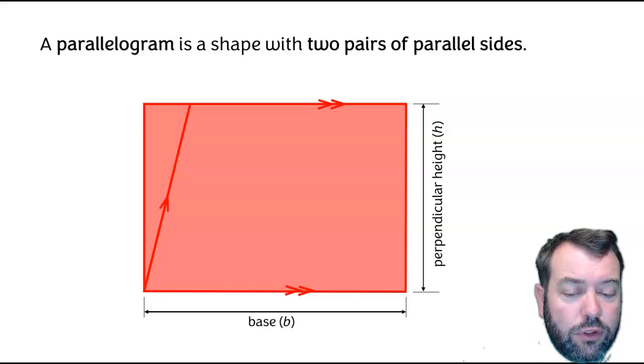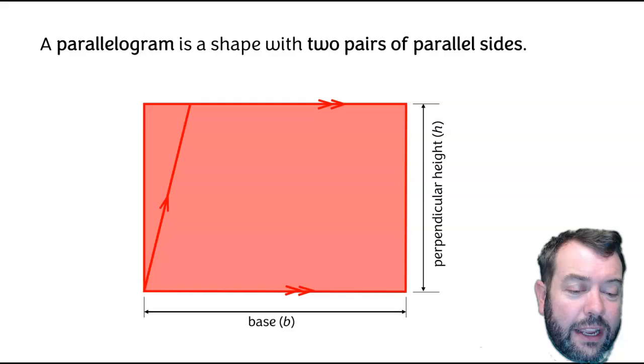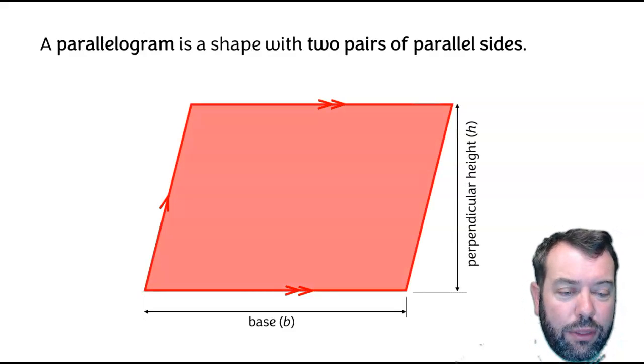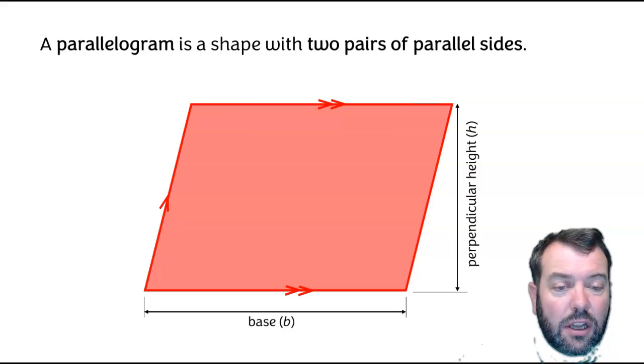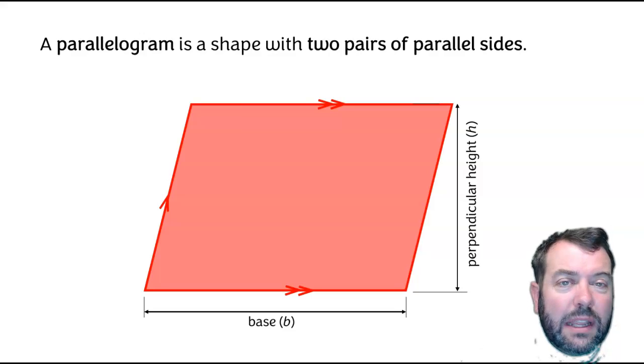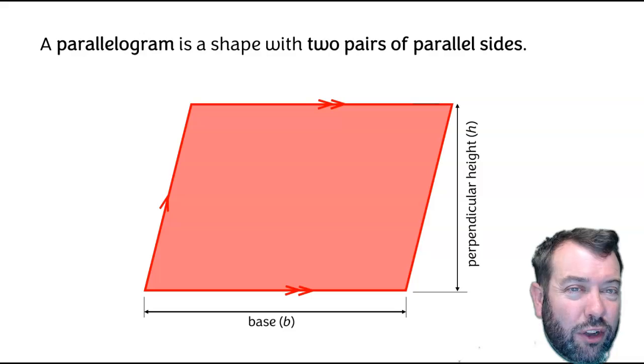Now, if I look at those two dimensions, the base and the perpendicular height, and I consider that as a rectangle, I can easily find the area as length times breadth, or in this case, base times perpendicular height. And we said chopping up my shape and moving the parts around doesn't change the total area.